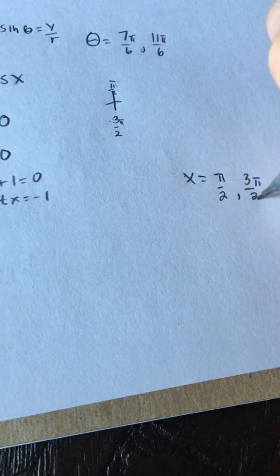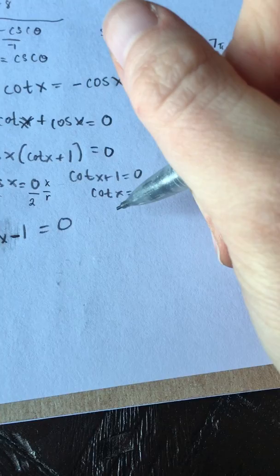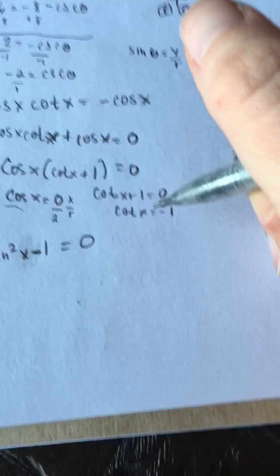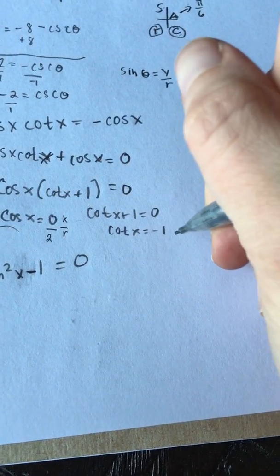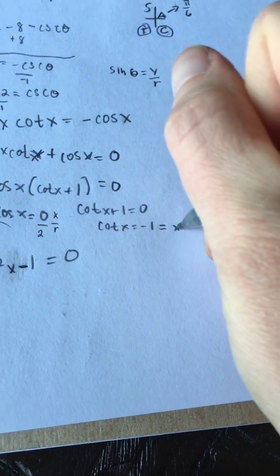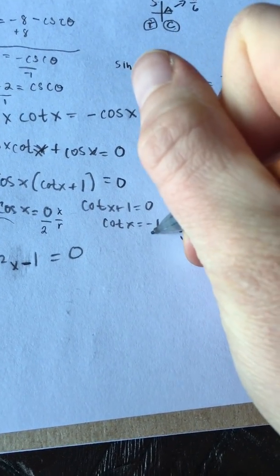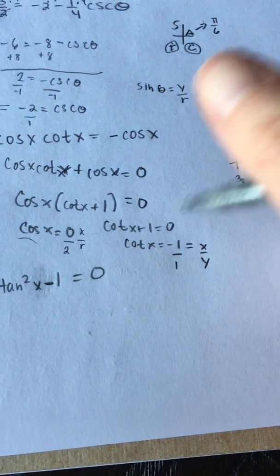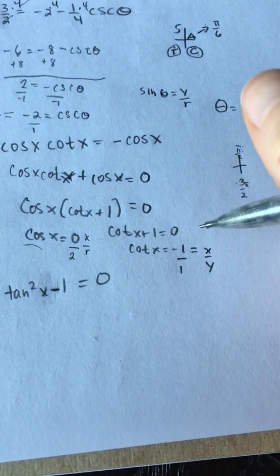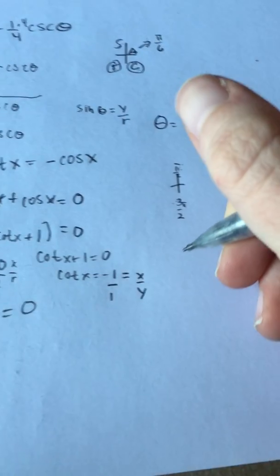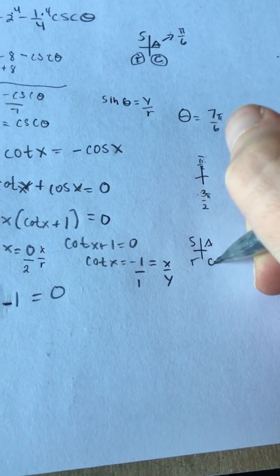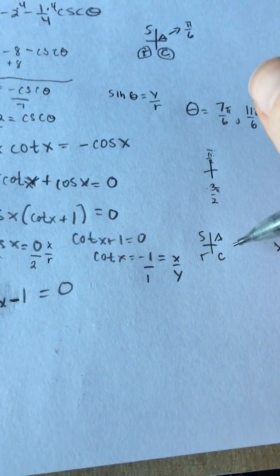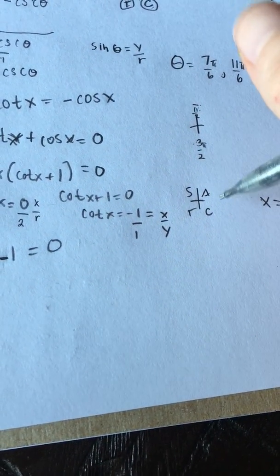3 pi over 2. Moving on to cotangent, remember tangent is opposite over adjacent, y over x, so I want to use x over y, and making that into a fraction I have -1 over 1. And it's negative, so also I'm going to go ahead and do my all students take calculus. Think about where my angles are that I'm going to give that are negative cotangent.